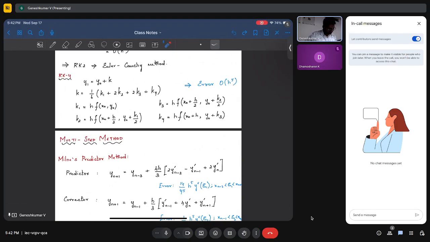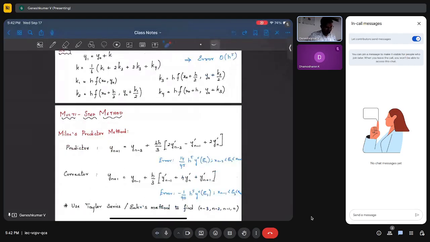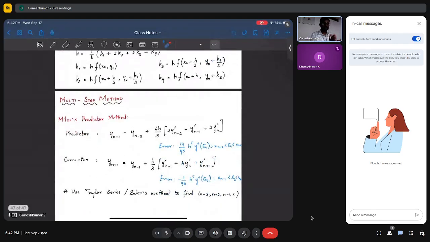Okay, those are the different methods, and these methods require only the functional values at one step, right? But you can also extend it to multiple steps. So since I'm going to predict the next step, I have the information of multiple steps behind me, so I can use all those step values.